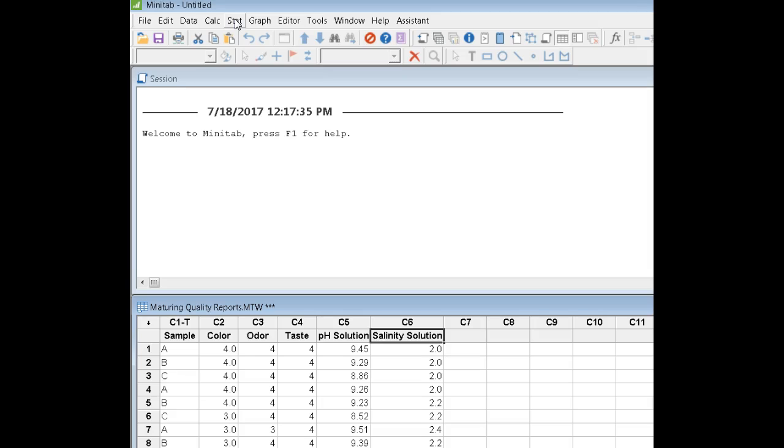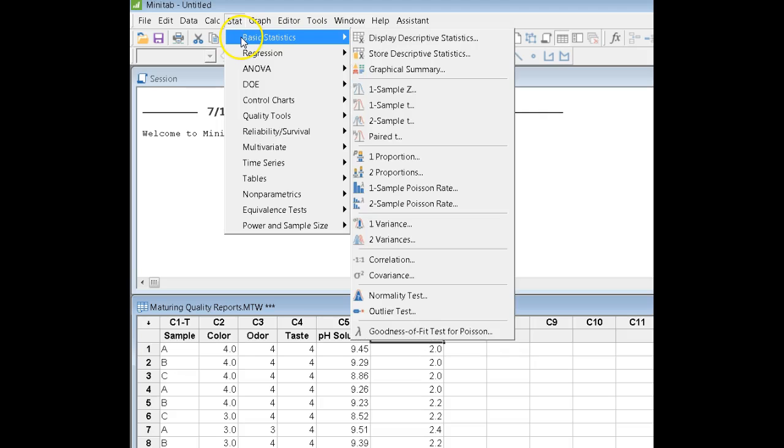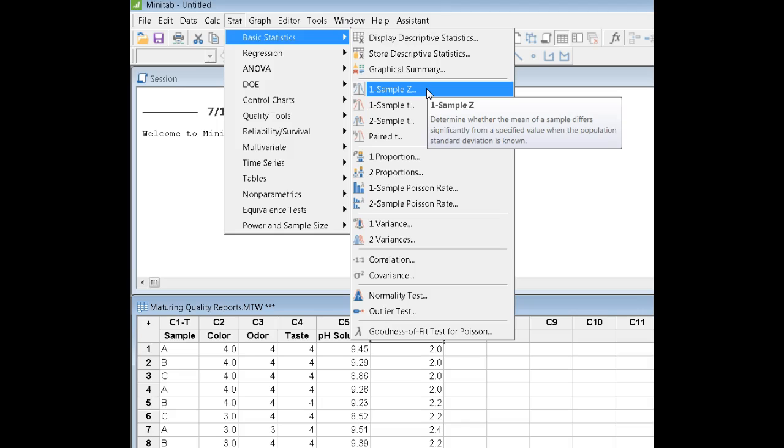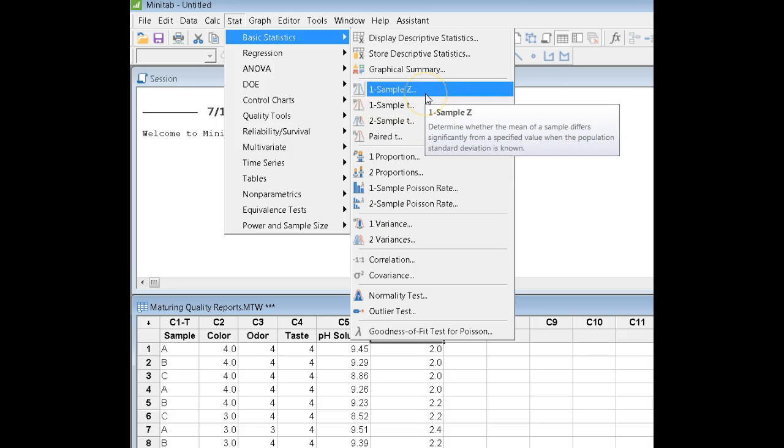Okay, so it was told to us in the problem that the standard deviation of all the salinity values of all the canned shrimp was 0.43, and because we know that, when we run the test of hypothesis, so basic statistics, we're going to be using the one sample Z. And note here the little blurb tells me that it will determine whether the mean of a sample differs significantly from a specified value when the population standard deviation is known.